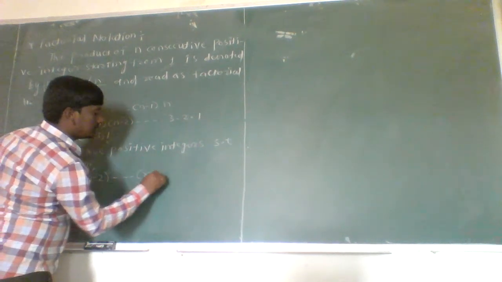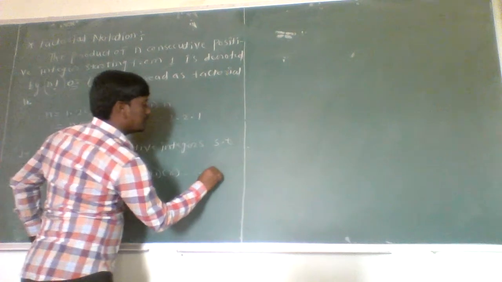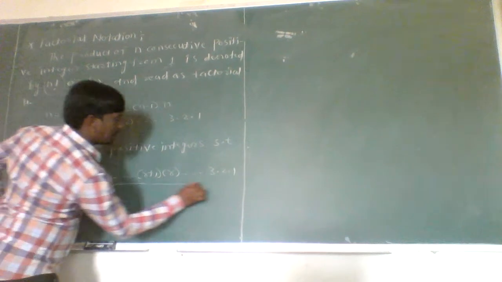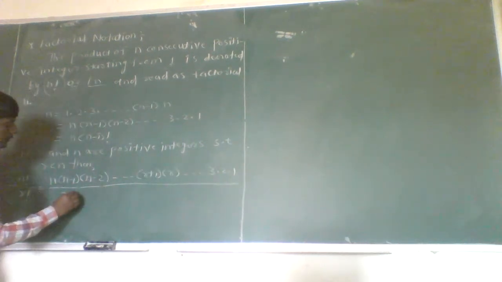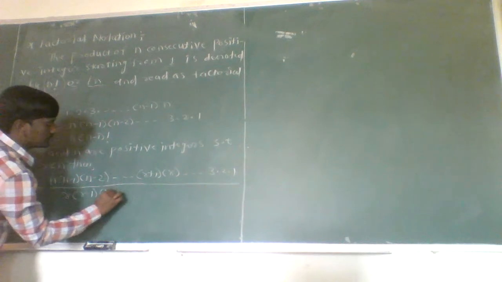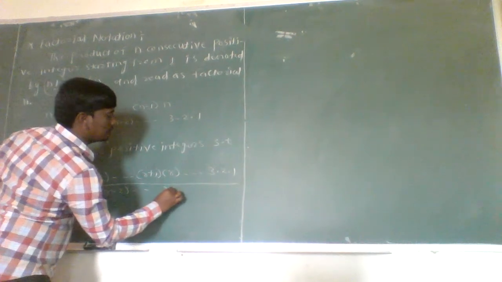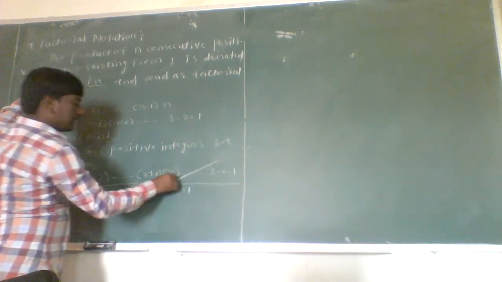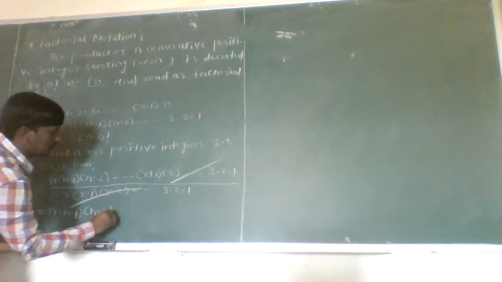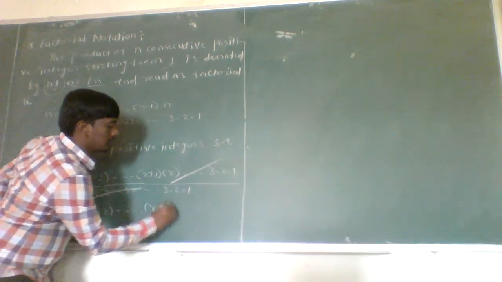Here r is less than n, then somewhere is r plus 1 into r up to so on 3 into 2 into 1, and which is divided by r factorial, which is nothing but r into r minus 1, r minus 2 up to so on 3 into 2 into 1. So from here all the terms are the same, then they are cancelled, so which is nothing but n into n minus 1 into n minus 2 into up to so on r plus 1.